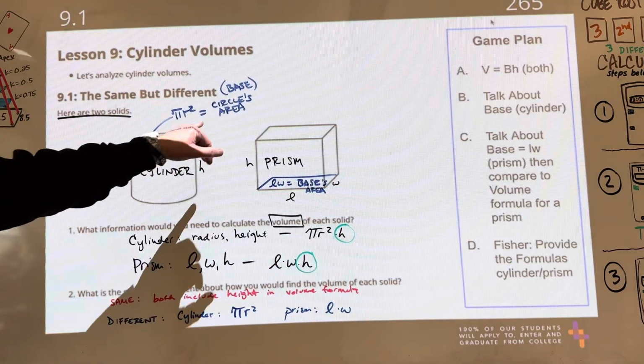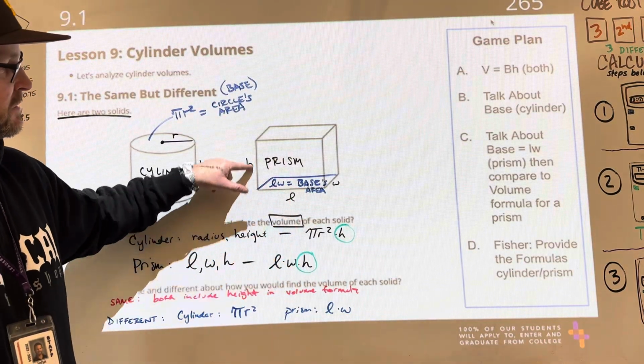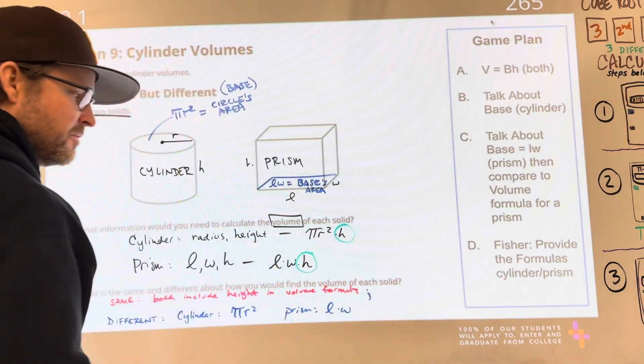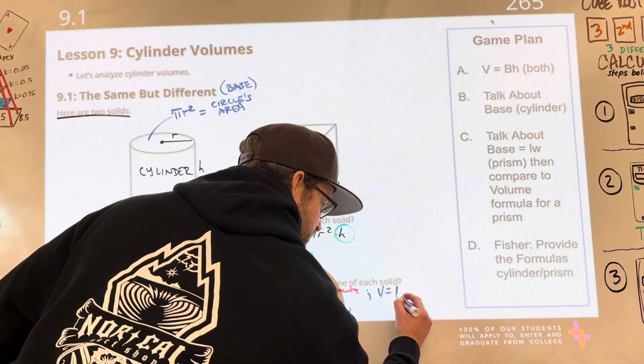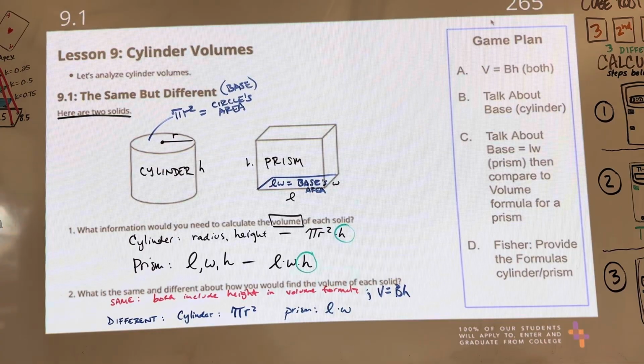So in both of these, it's the area of the base times the height. So that's another thing you could say. For both, it's volume equals base times height. That's the first one.